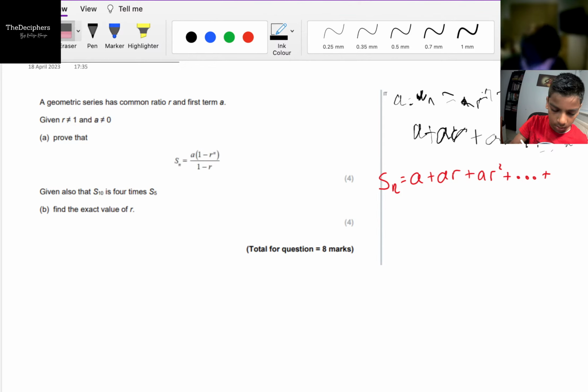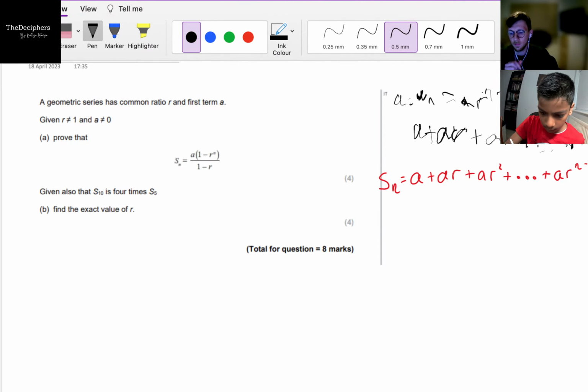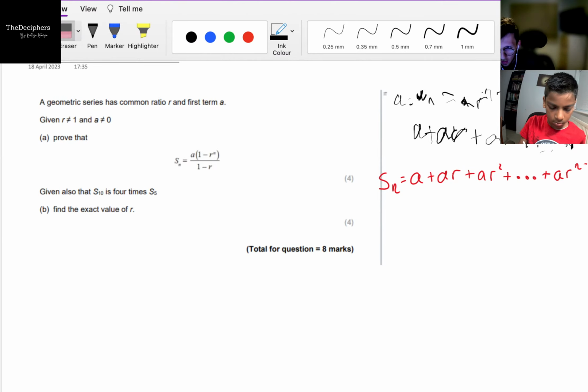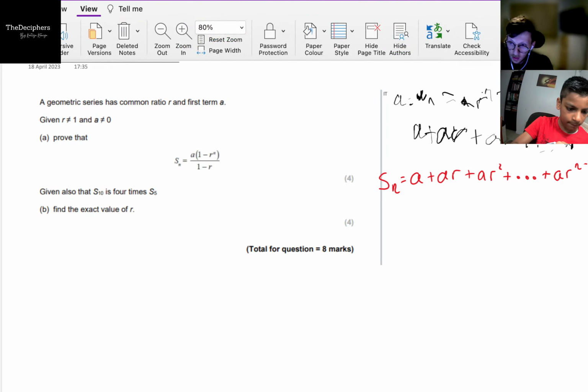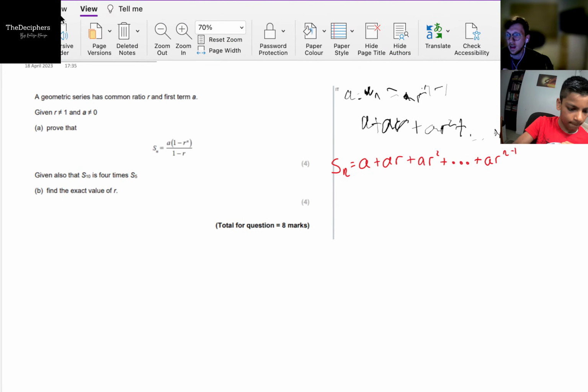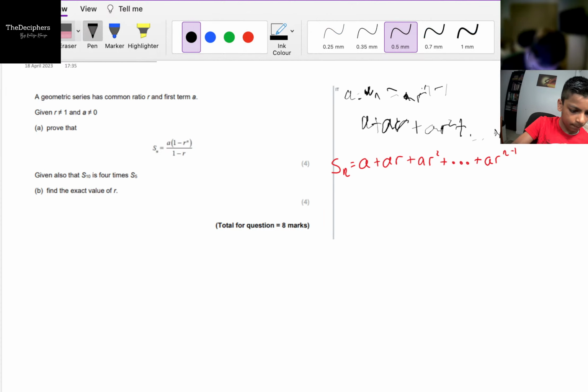Oh, yes, then that's a r to the power of n minus 1. Good. I just wrote it underneath, because your face is going up on the screen, so it's not being covered up. Okay, so we've got S_n. That's what we're trying to prove. We can take that expression and simplify it.